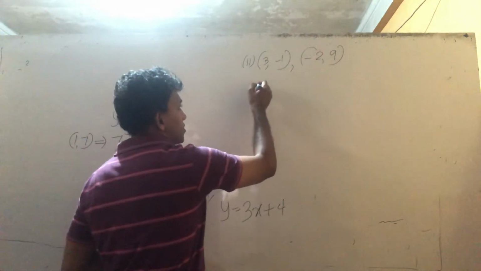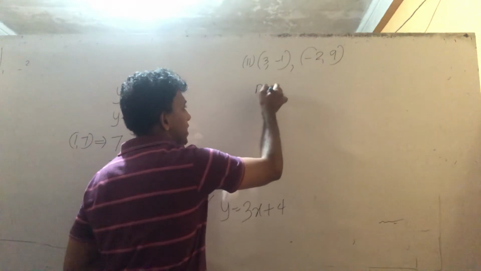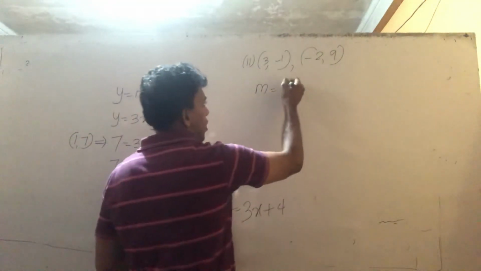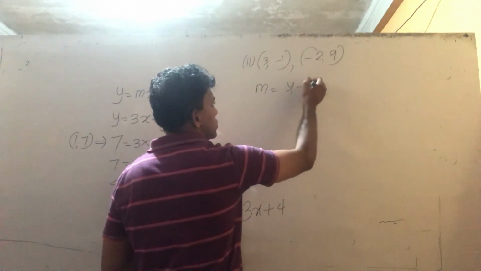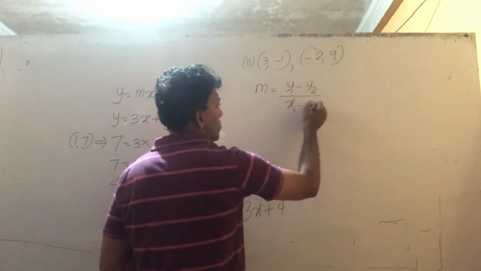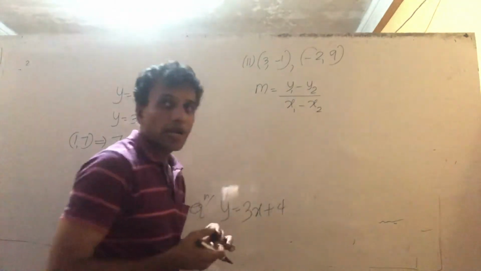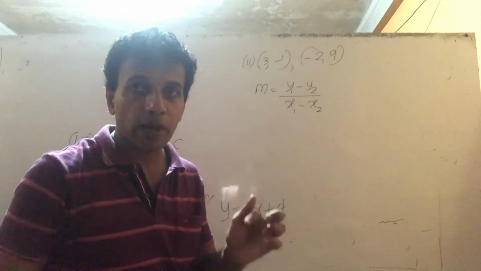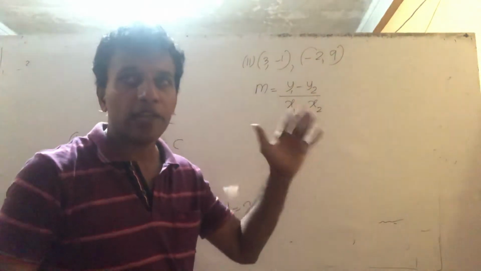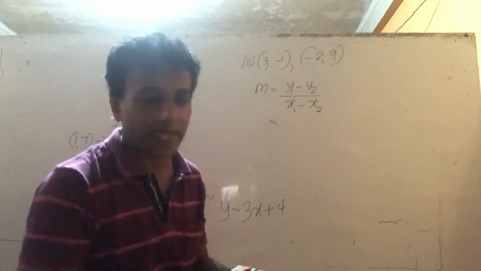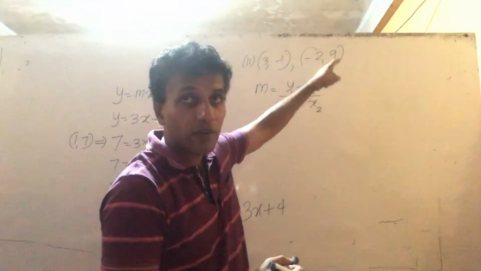So first the m value, the gradient value. What is the m value formula? y1 minus y2 divided by x1 minus x2, right? The difference between the y coordinates, in the same order, divided by the x coordinates. You take any y value first; a larger value is better. I think 9 is the y1 value.